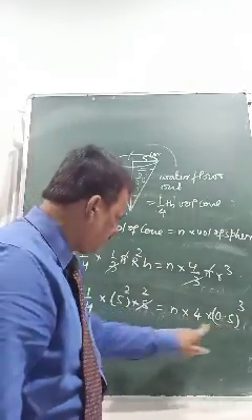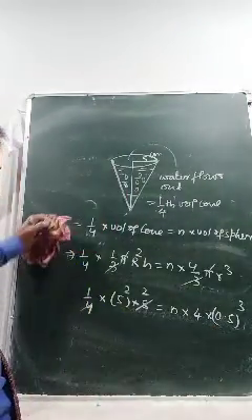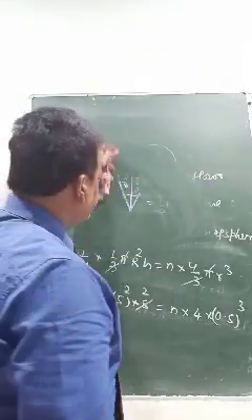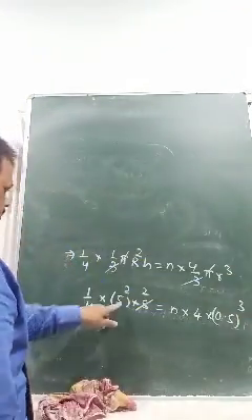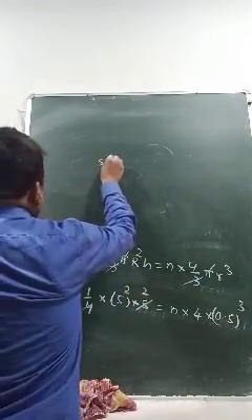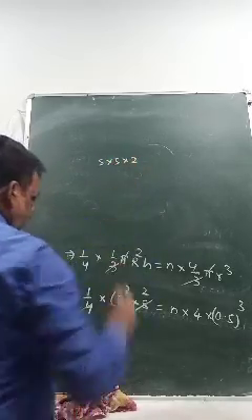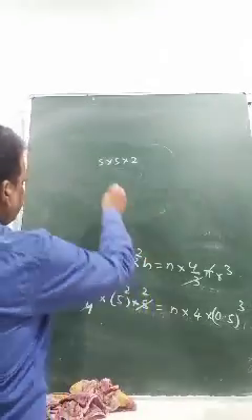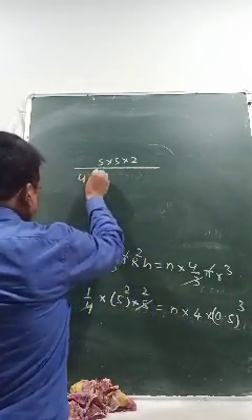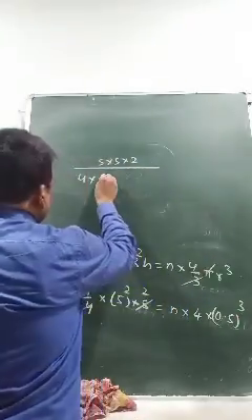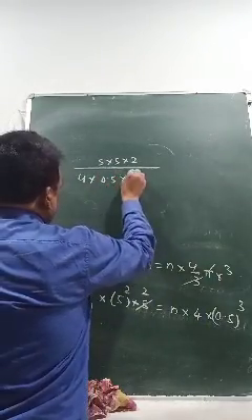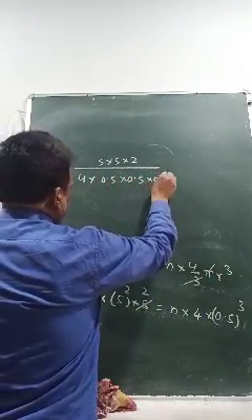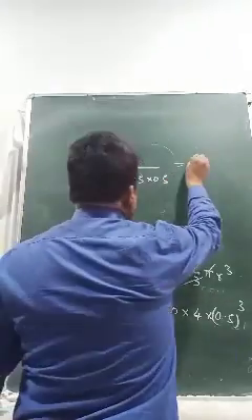Let's bring these two numbers this side. What do you get? 5 into 5 into 2. This 4 will come down. 0.5 3 times, 0.5, 0.5, 0.5 equals 8.